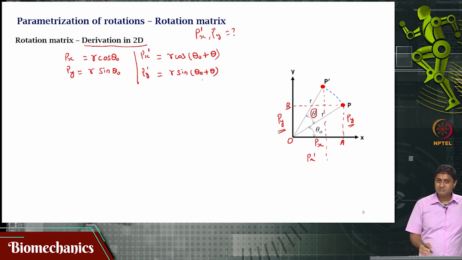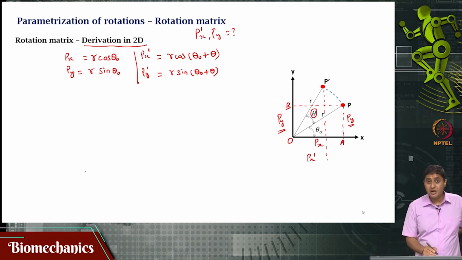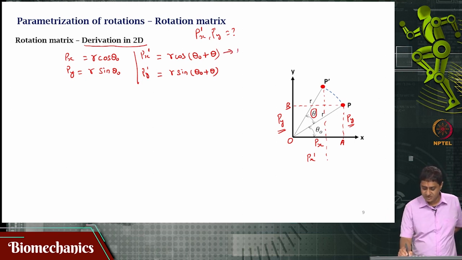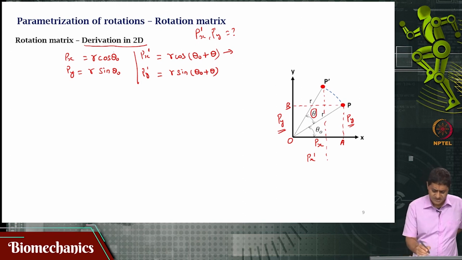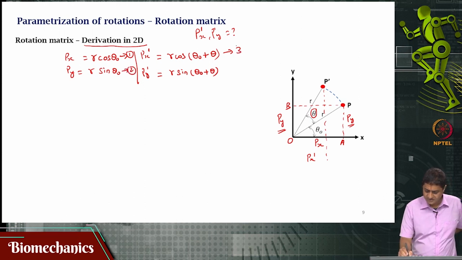I can, using trigonometric identities, expand these two equations. Let's name all of them: I am going to call this 1, this 2, this 3, and this 4.